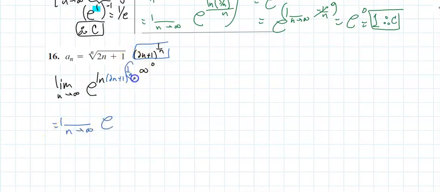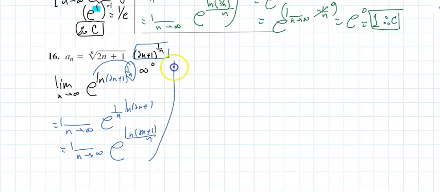One of the properties of logs, and it becomes identical to the problem we just finished. That would be e to the natural log of 2n plus 1 over n, and that will be e to the limit as n approaches infinity of natural log of 2n plus 1 over n. That is infinity over infinity, so L'Hopital.